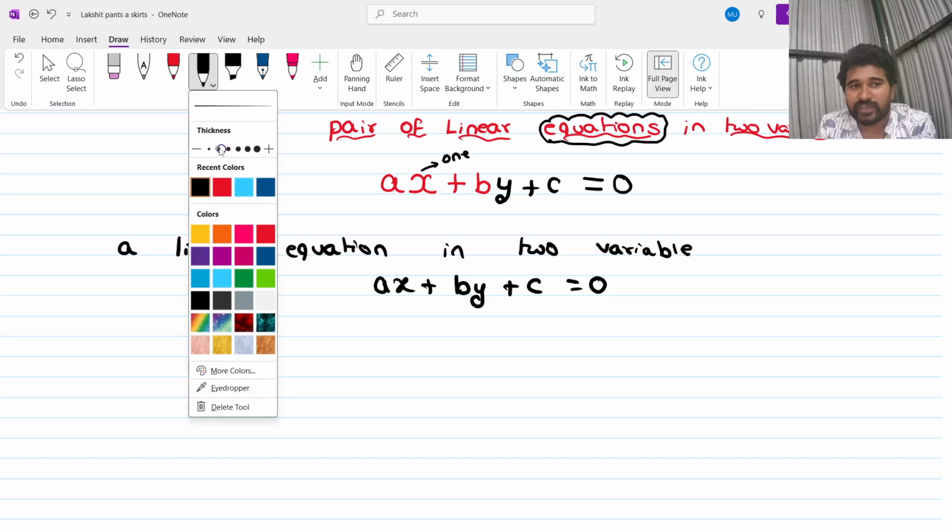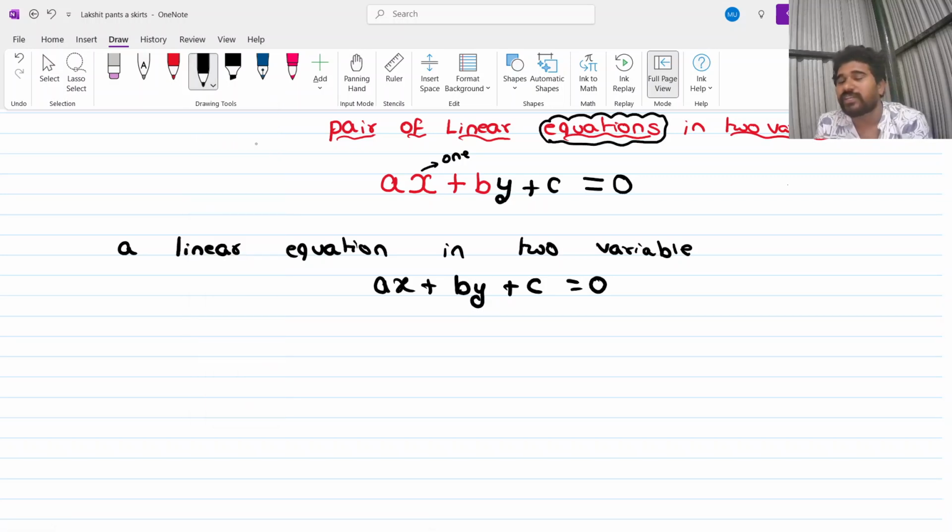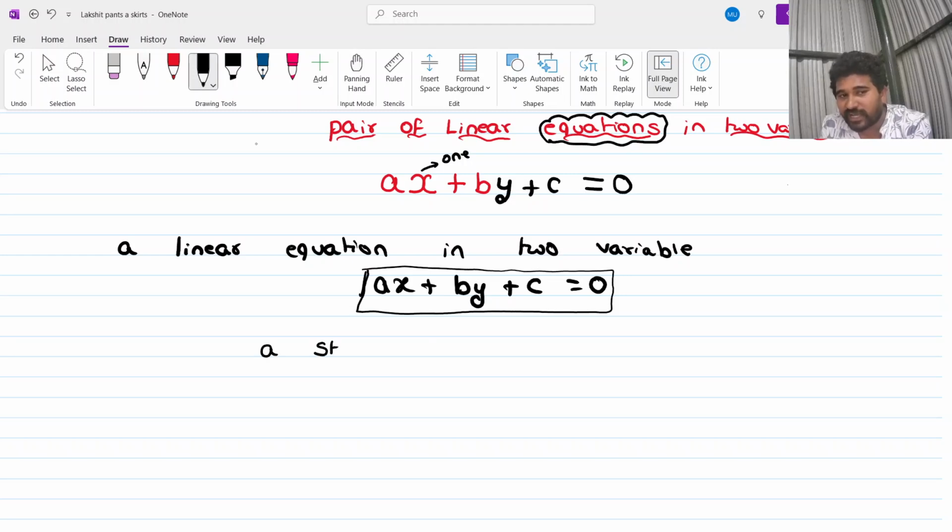This is the way a linear equation in two variables will look. And remember, any linear equation will represent what? Tell me. Any linear equation represents a straight line. Keep this in mind.